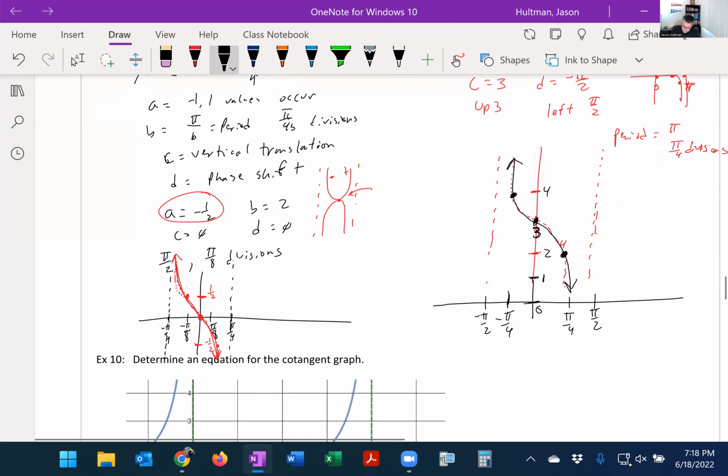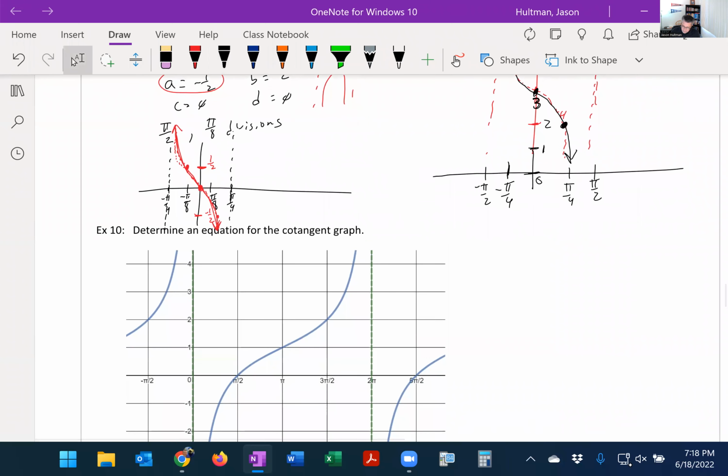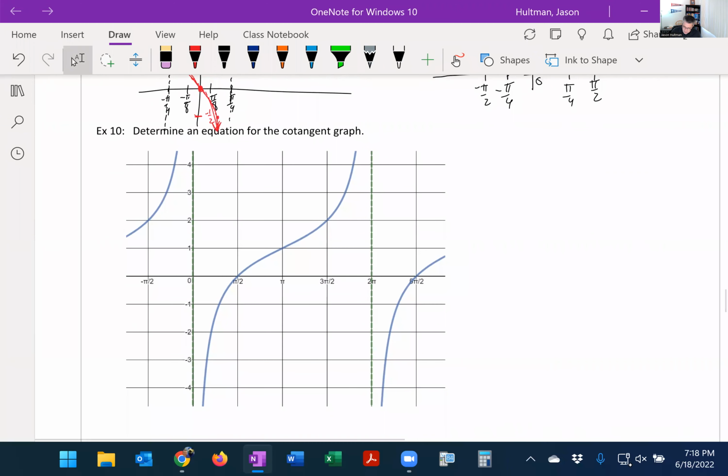Okay, determine the equation for the cotangent graph. Now this is a cotangent, right? Not a tangent. Okay, and so what would I have had to do? This looks like a tangent graph. So how could I change the cotangent to make it look like a tangent?